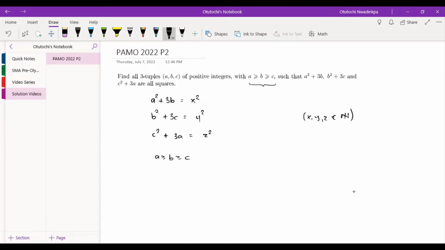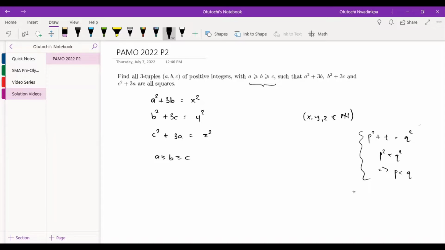The natural way to handle a case of, let me say, P squared plus some T is equal to Q squared, where T in this case is a natural number, is to say P squared is less than Q squared, and this implies that P is less than Q, where they are all natural numbers.